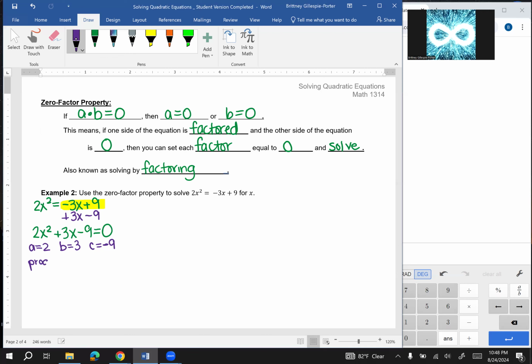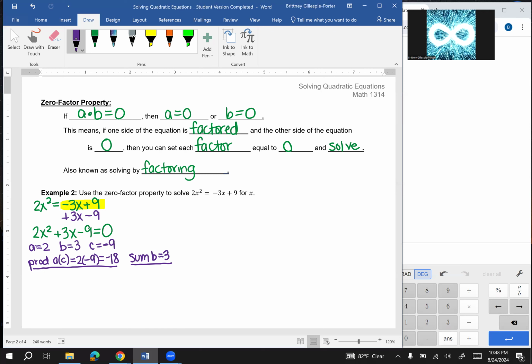We're going to be looking for the product, that's multiplication, of A times C, which is 2 times negative 9, which gets us negative 18. And we're going to be looking for a sum, that's when we add, of B, which is 3.